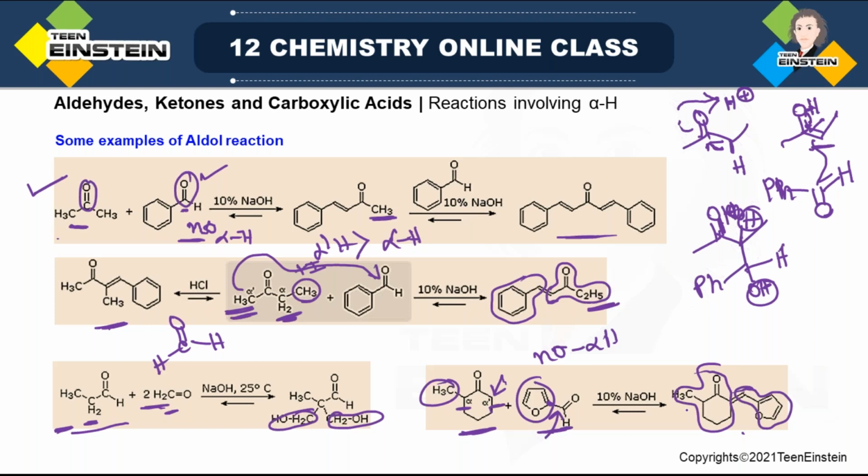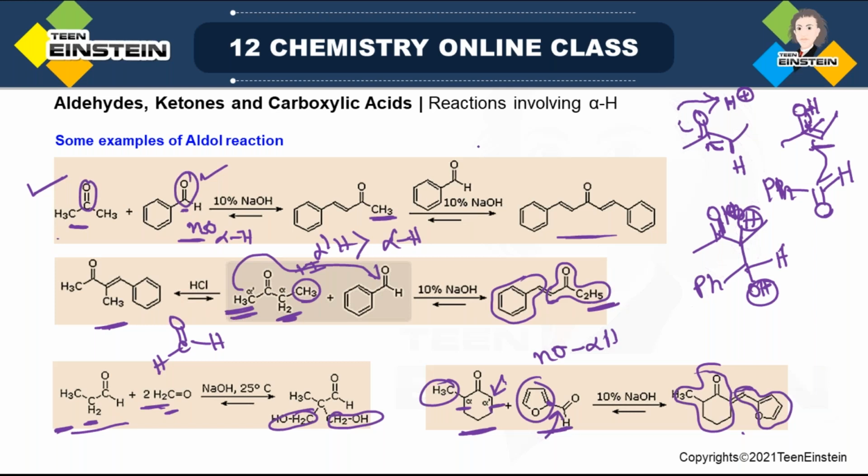But in all these examples, see carefully, we have taken 2 different molecules. And in all these examples, one carbonyl compound has alpha hydrogen present, another has no alpha hydrogen. If you take this type of combination, one convenient factor is that you will get less mixture of products.